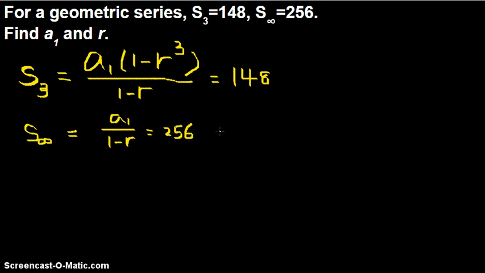So what I have here is two equations: equation number 1 here, and equation number 2 here. Two equations, two unknowns. We are good, we can solve it. From the second equation, I'm going to move this 1 minus R to the other side.